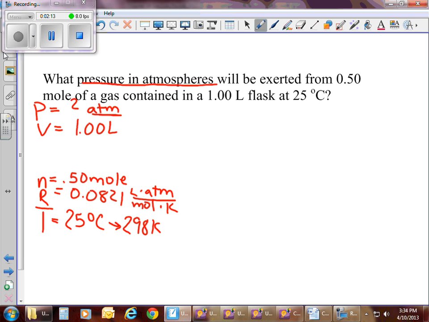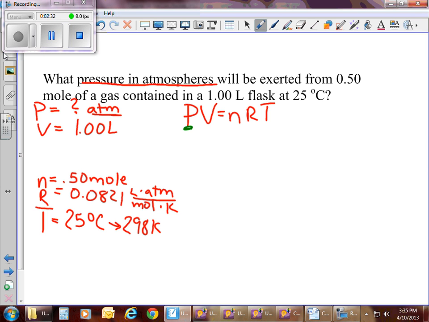Okay, so what we're looking for is our P. And with this, we know our ideal gas law, that's PV equals nRT. Okay, and we know that the P is what we're missing.